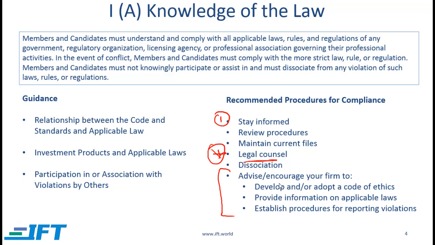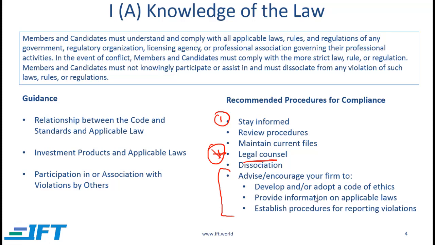firm to do. One point is that if a firm doesn't already have a code of ethics, then you should encourage your firm to do so. And if your firm is an investment management firm, then it can potentially adopt the research objectivity standards.